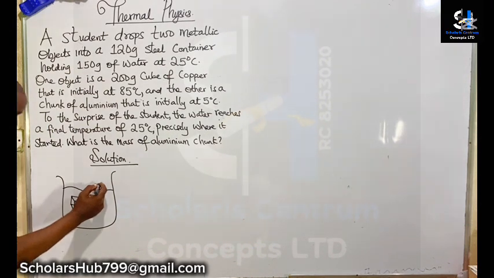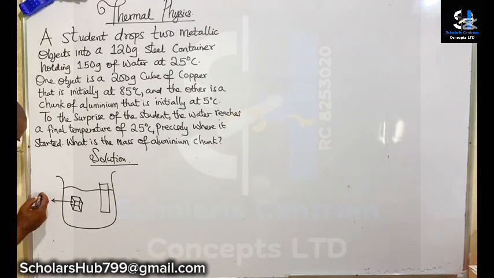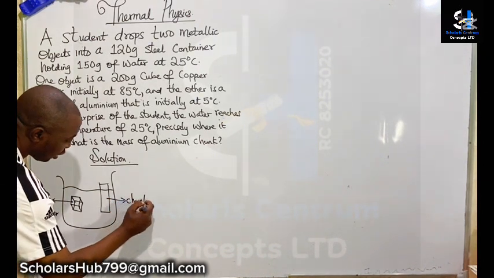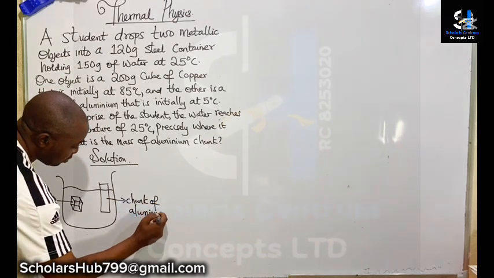Then we have a chunk of aluminum. Let's say this is the cube of copper, and this is the chunk of aluminum.